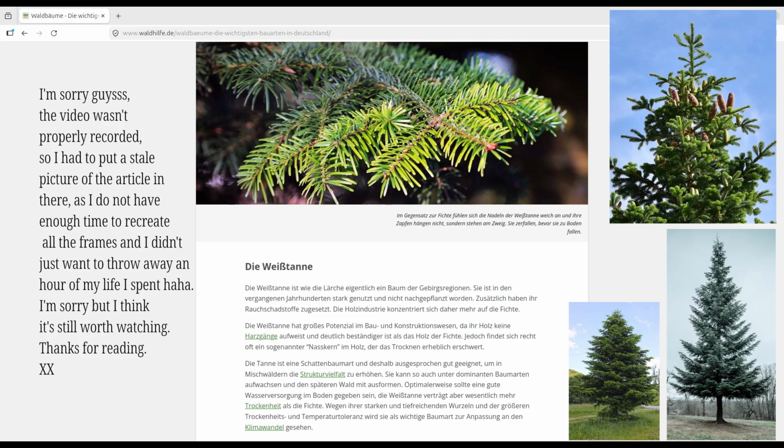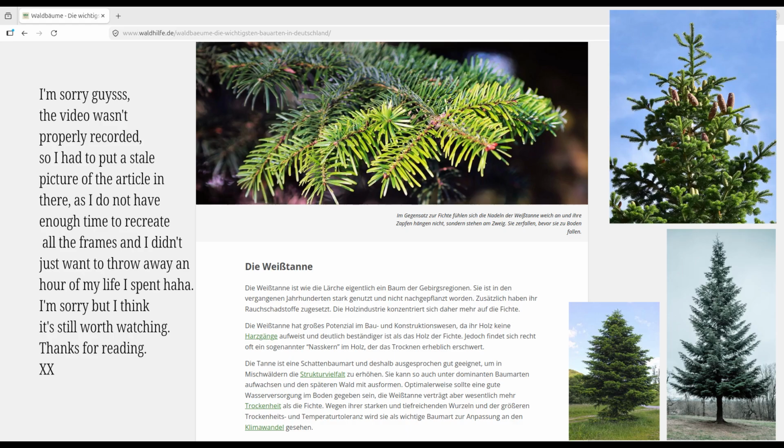Und der größeren Trockenheits- und Temperaturtoleranz, and the bigger dryness, or isn't it called drought? Yeah, drought. And temperature tolerance. Wird, is being, sie, she or it, als, as important tree species, Baumart, tree species, zur, to the or for the, Anpassung, to fit into.